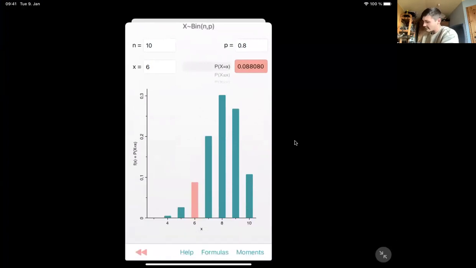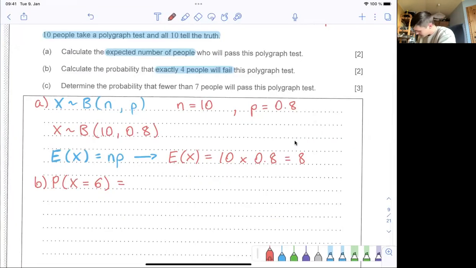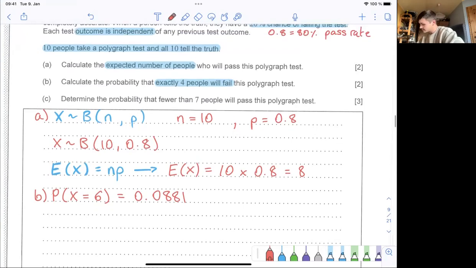And there we have our answer, 0.088080. If we round that to 3 significant figures, we get 0.0881. So that will be our answer to part B. Lovely.